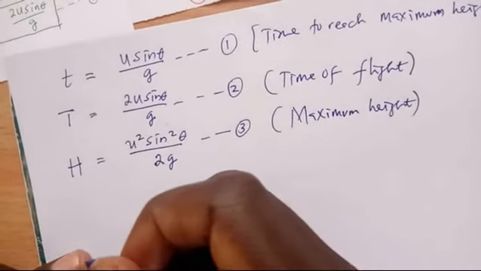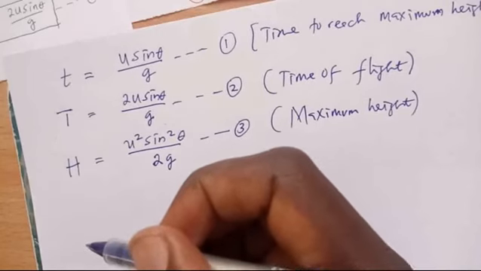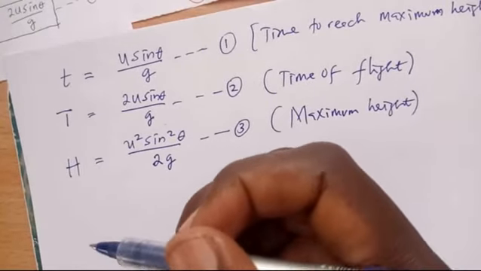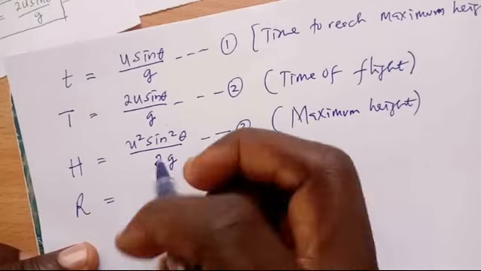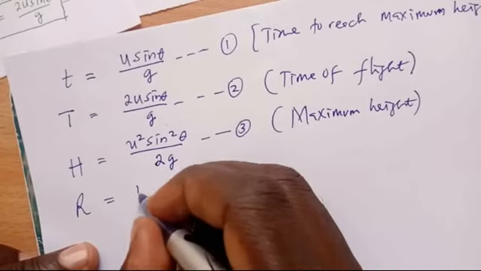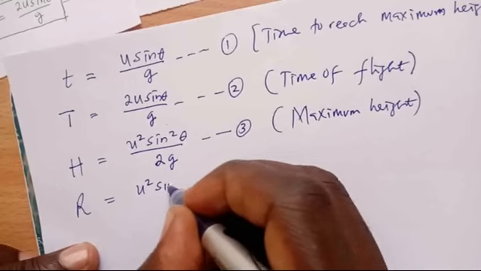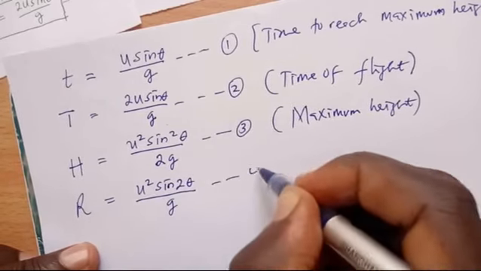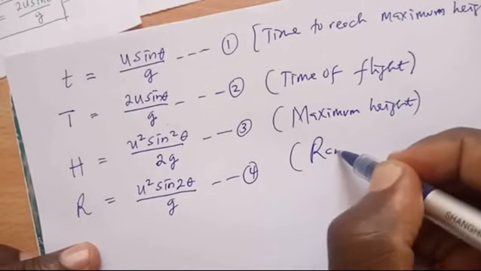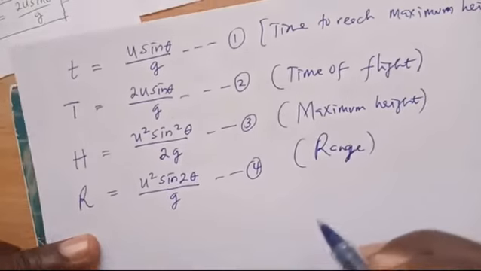Then if you want to get the range of a projectile, we just obtained the formula for that. The range is equal to u squared sine 2 theta over g, and this is for the range of a projectile.